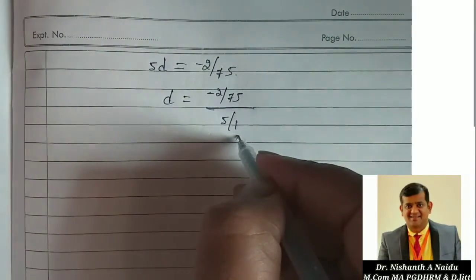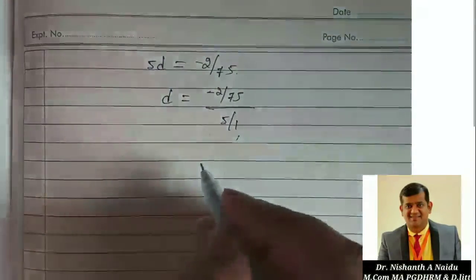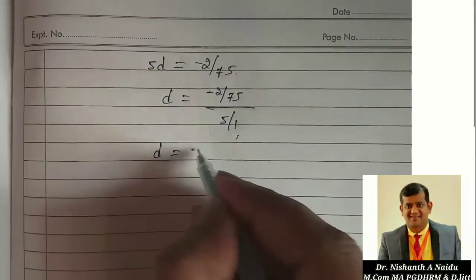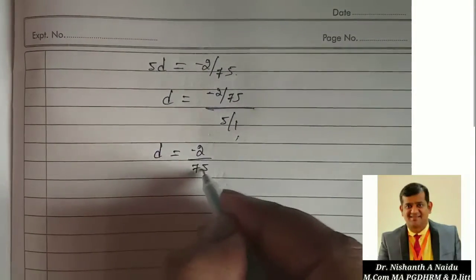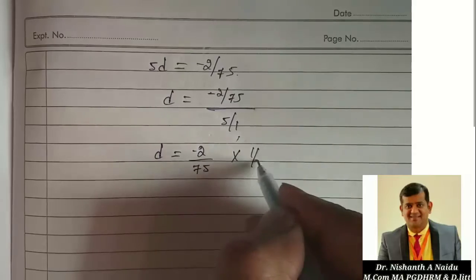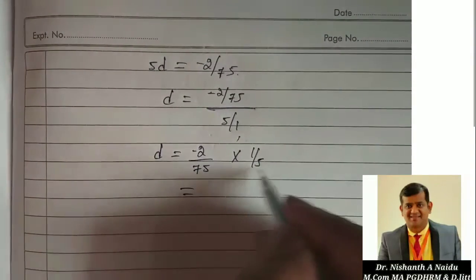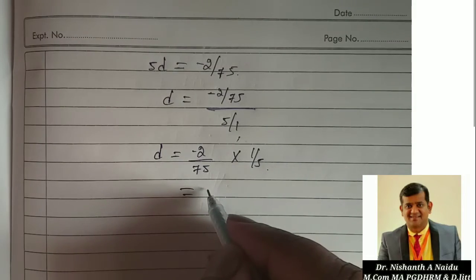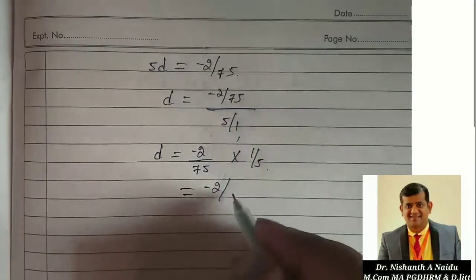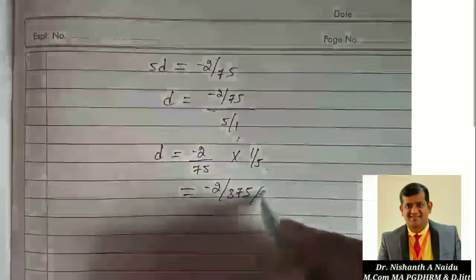In the next step, d equals minus 2 divided by 75 into 1 divided by 5. So 75 fives are 375. So d equals minus 2 divided by 375.